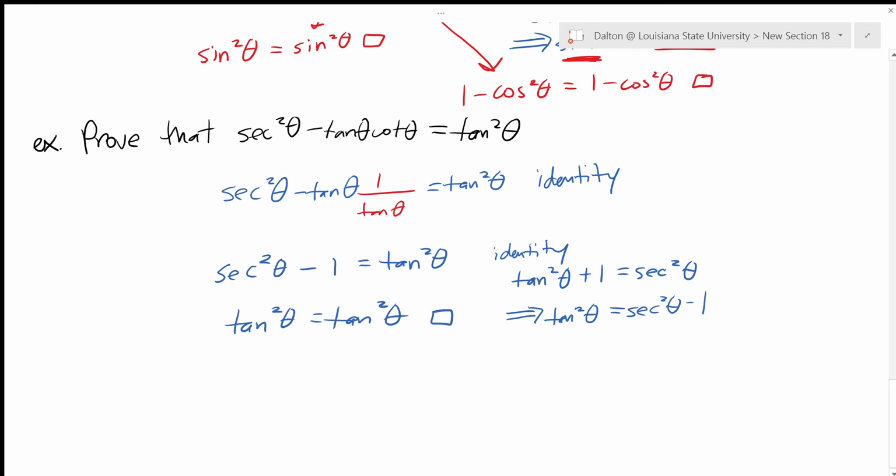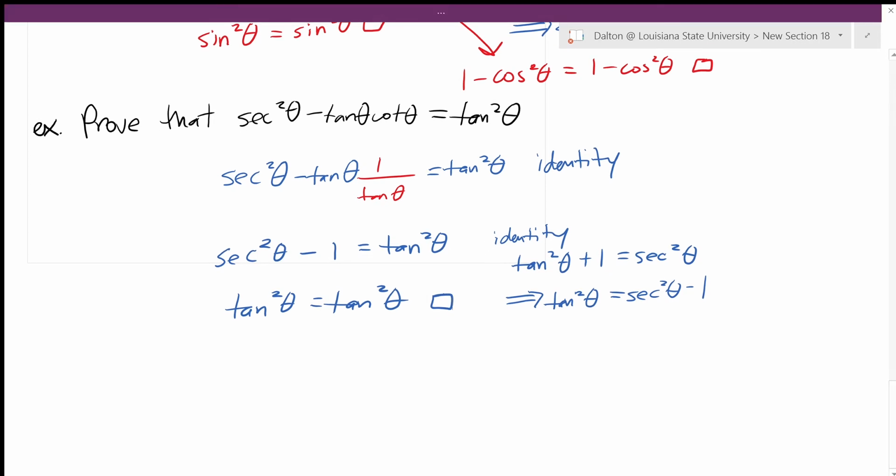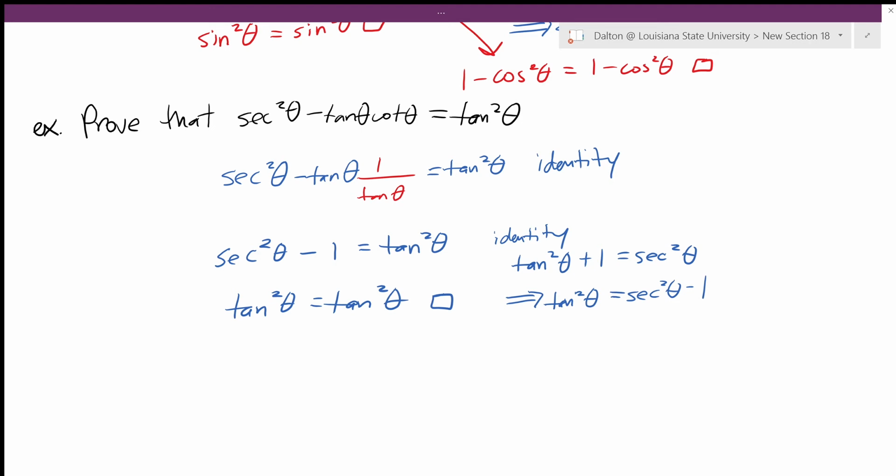And now I have my equivalent statements, so I am done. Okay, I'm going to do one more and then we'll start on your homework. Example. Go ahead.